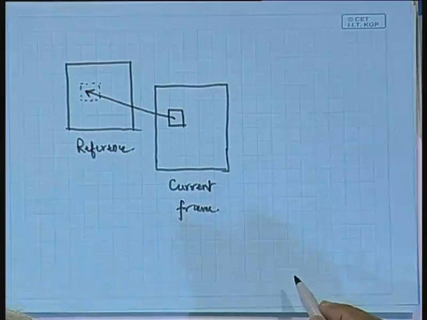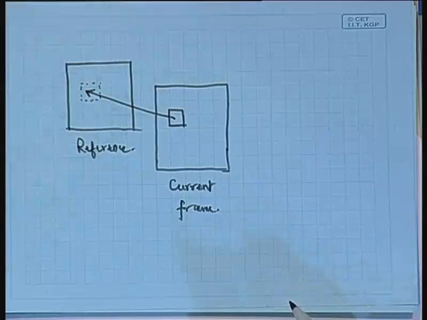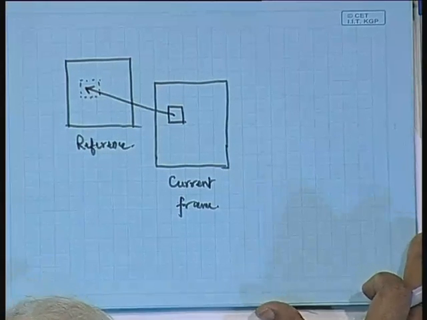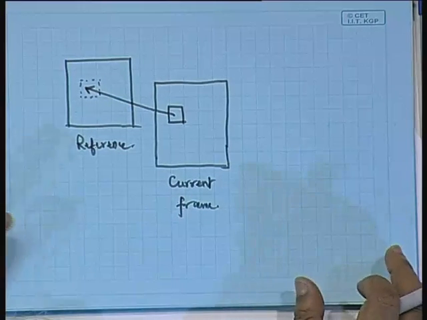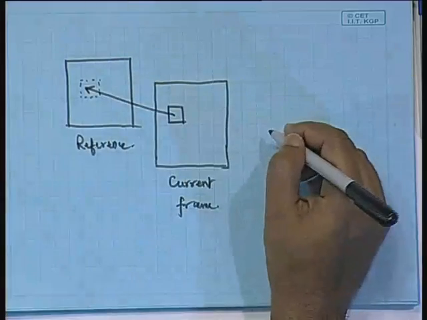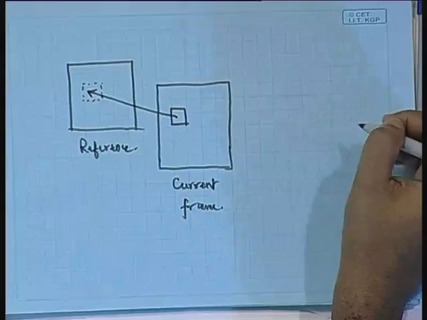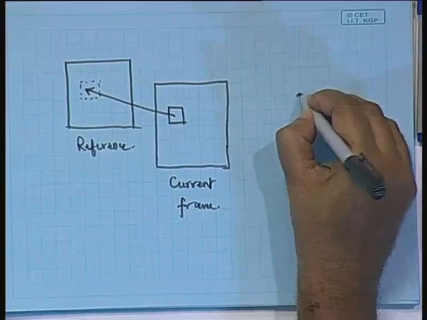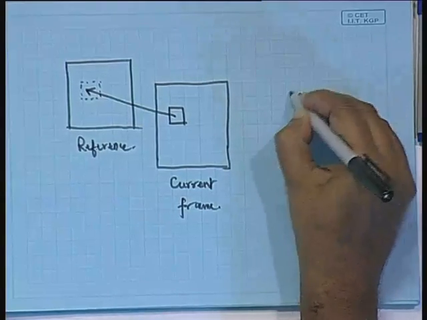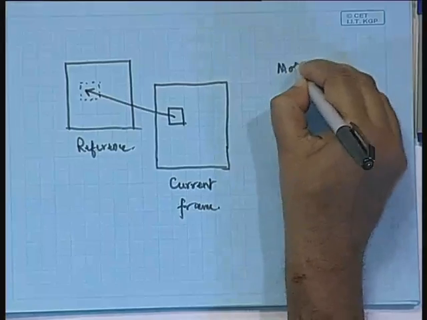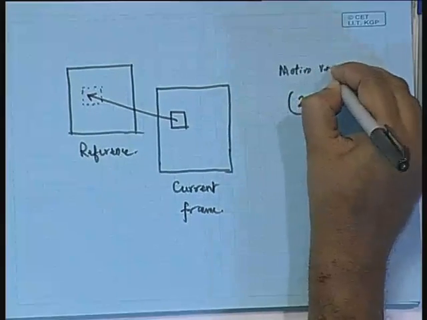Right. Now, in such kind of cases, whenever we are indicating the motion vector, it will be in terms of pixels, am I right? If the motion vector is say 2 comma minus 3, that means to say what?